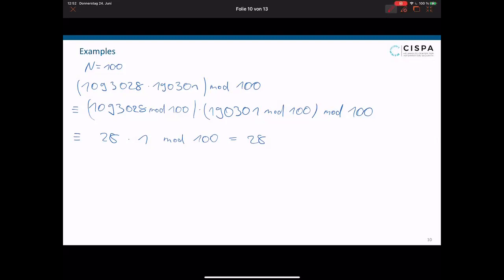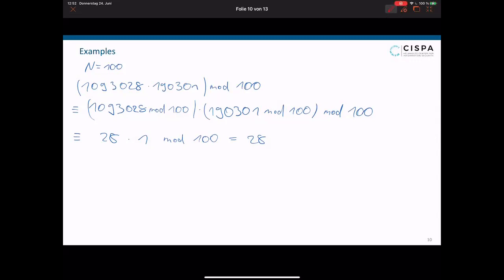And furthermore, the way I did this calculation would actually be more efficient even if I wasn't reducing modulo 100, but modulo something else.